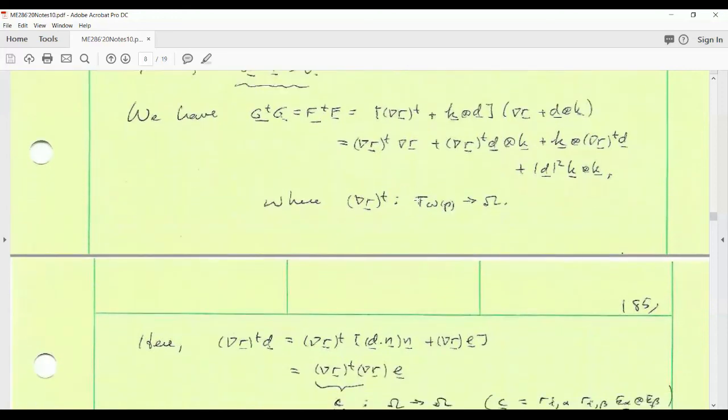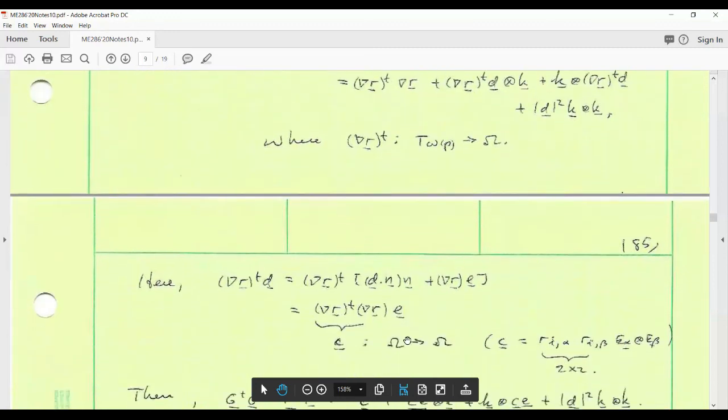So it operates on vectors in the tangent plane and maps them back to the initial midplane. D involves an N. Here's the decomposition of D. Grad R transpose N: N is perpendicular to that tangent plane, so it gets annihilated by grad R transpose. This gives you a 0. And you're just left with grad R transpose grad R.